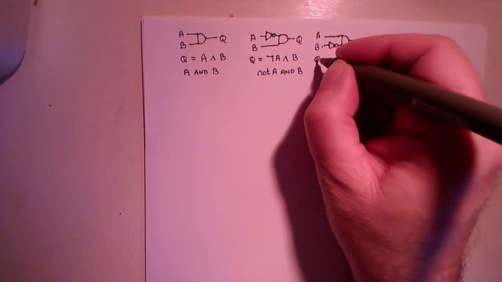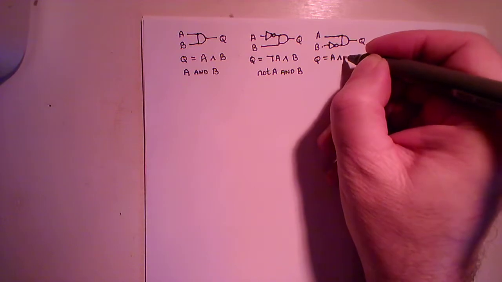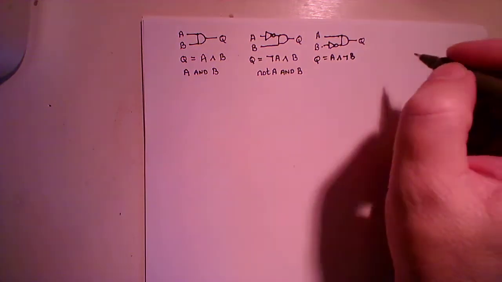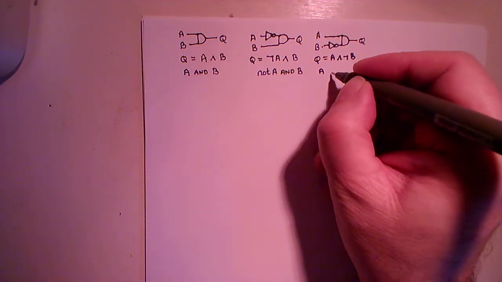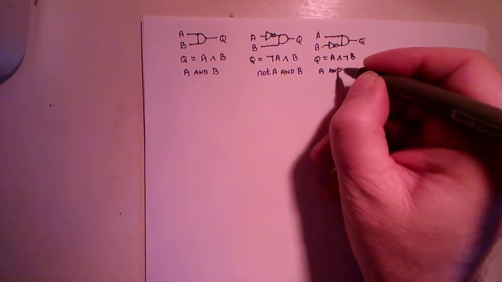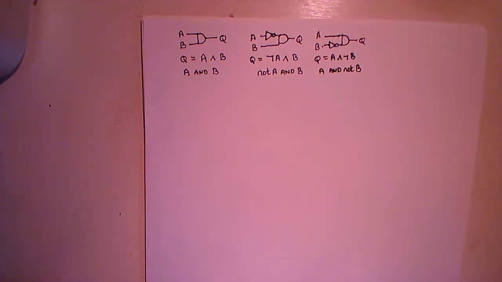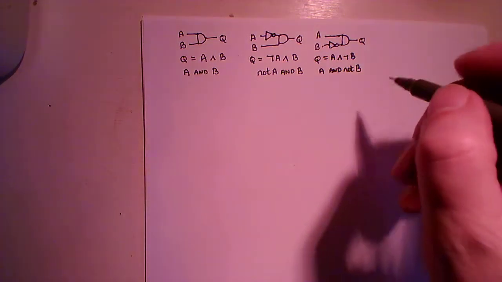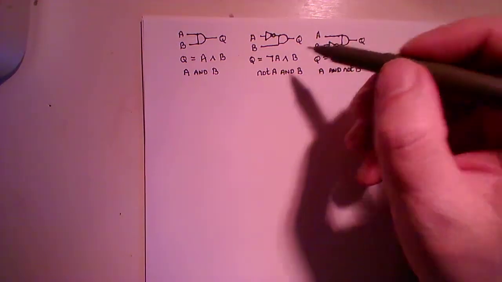The algebra for that would be Q equals A AND NOT B. And the programming language would be A and NOT B. Fairly straightforward.